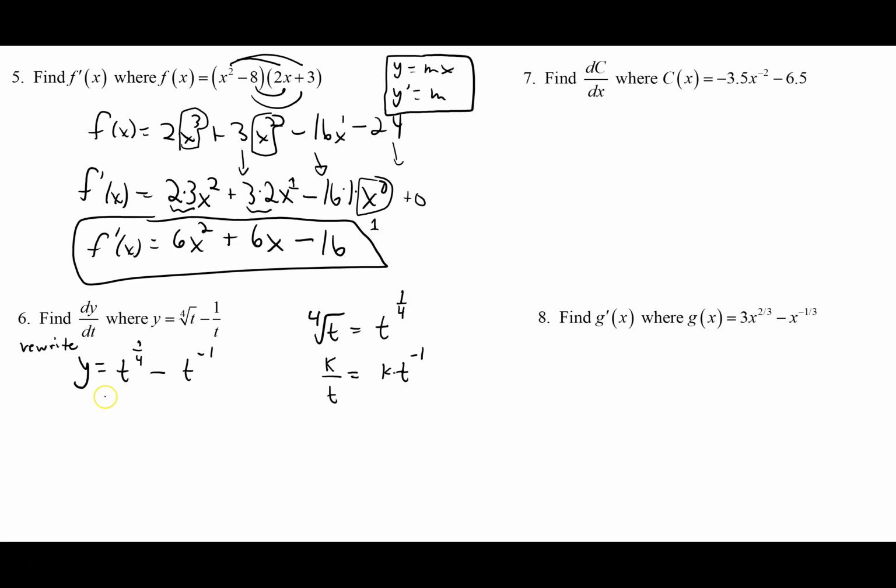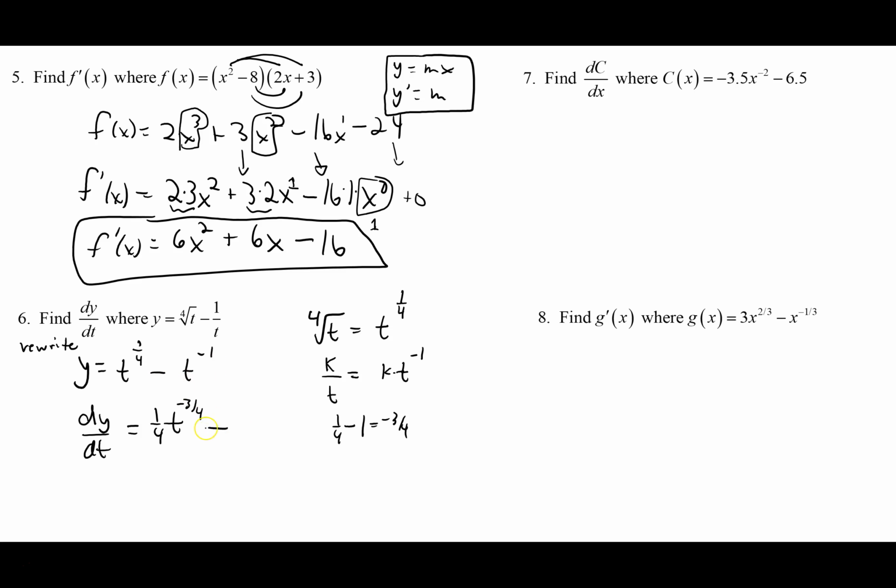And now after this rewrite, we can take the derivative using the symbol that they want us to use here, dy dt. Bring down the 1/4 and take t to the 1/4. Take away 1. That's -3/4. Now this minus sign is in between.